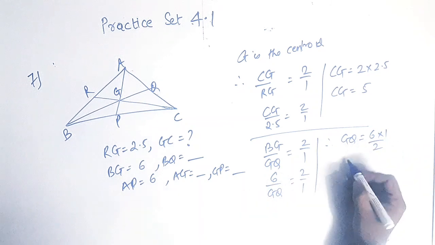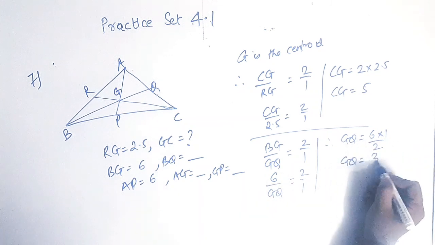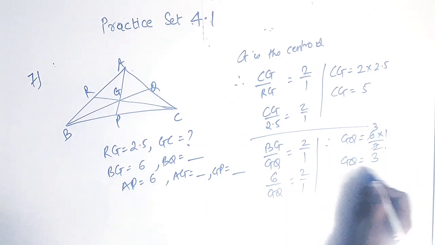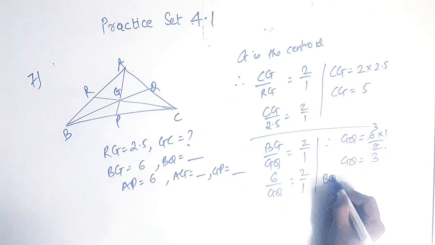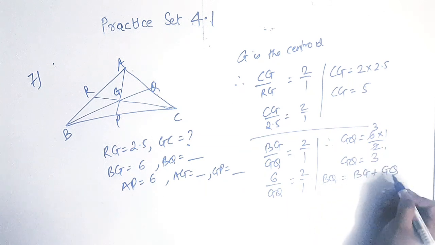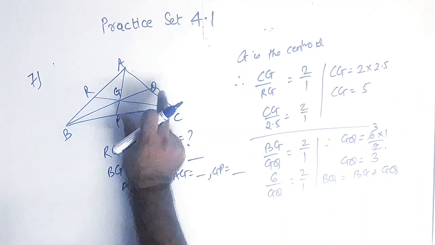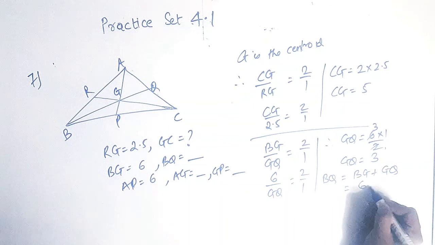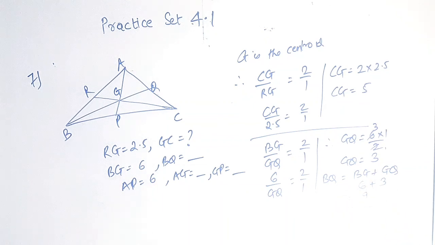Cross multiplication. So GQ will be equal to 3. Okay. GQ is 3, but we are asked to find BQ. BQ is what? It is BG plus GQ. So this will be 6 plus 3, which is equal to 9.